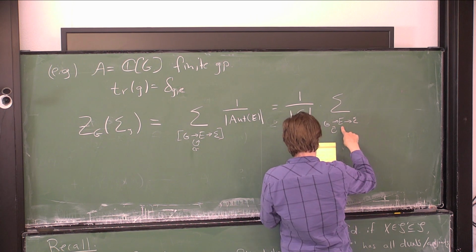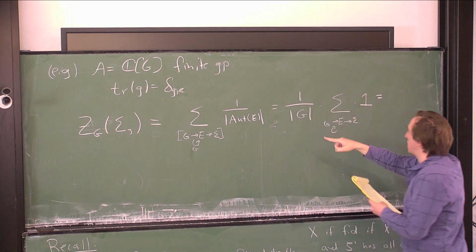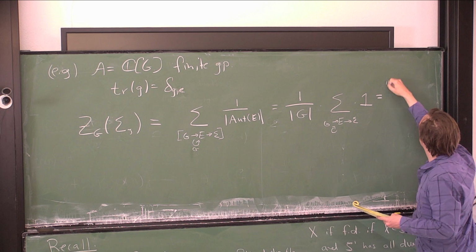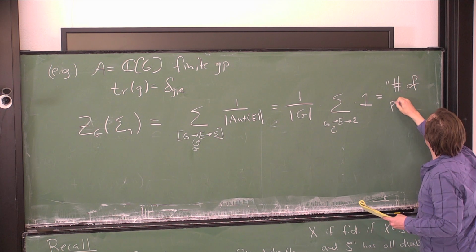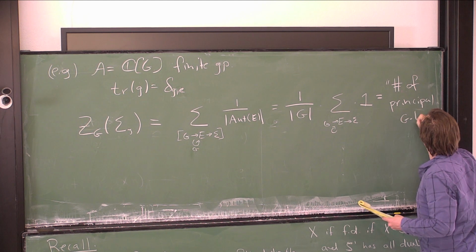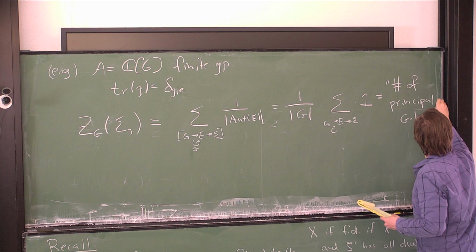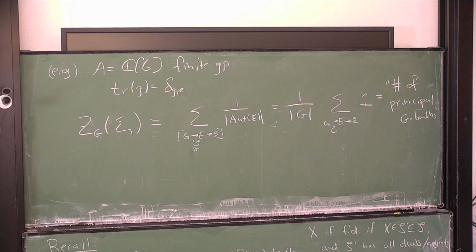For instance, I choose a framing, times 1. So either way you bake it, this is the number of principal G bundles, counted in the suitably stacky sense.